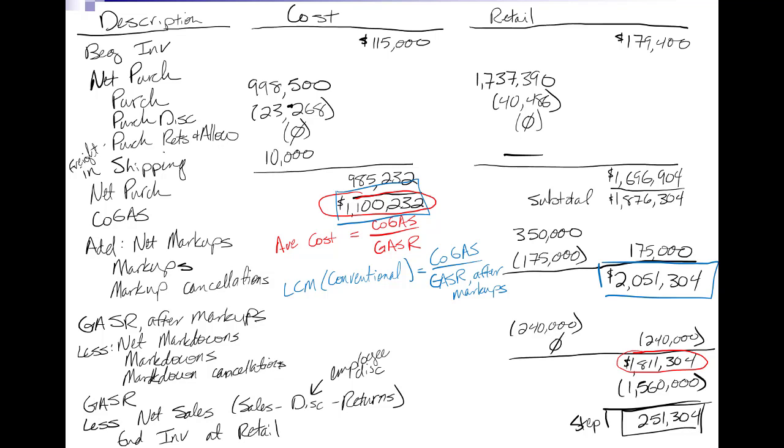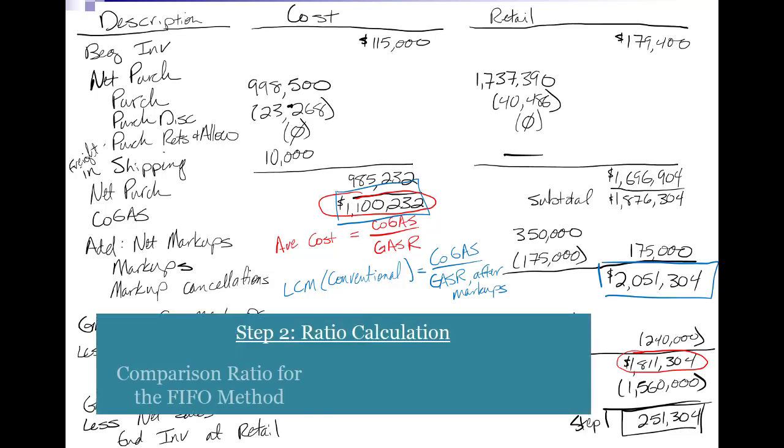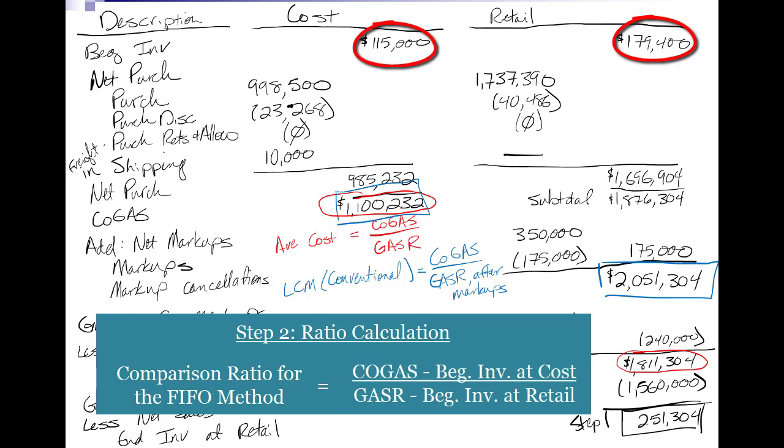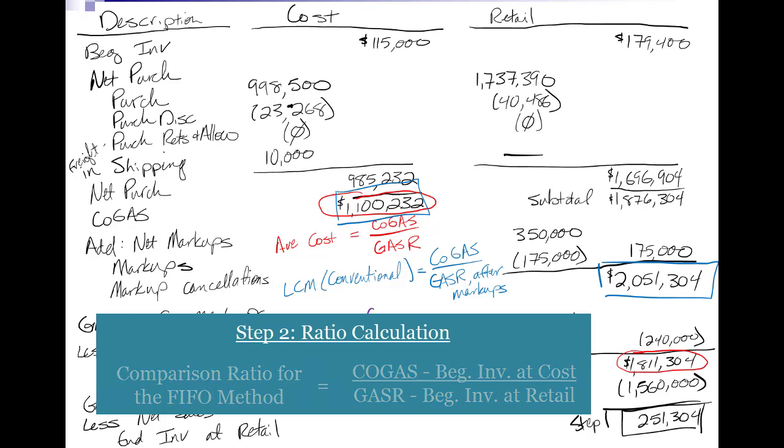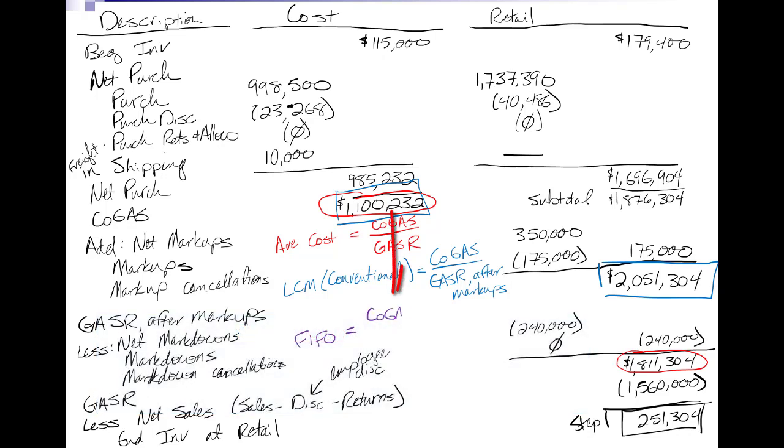If we're going to use FIFO, I change it again. For FIFO, I don't care about the beginning numbers. So these numbers have to go away, because I assume under FIFO that I sold those first. They're gone. They wouldn't be part of ending inventory. So for FIFO, I'm going to take cost of goods available for sale minus beginning inventory at cost.